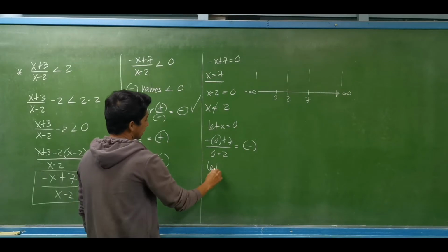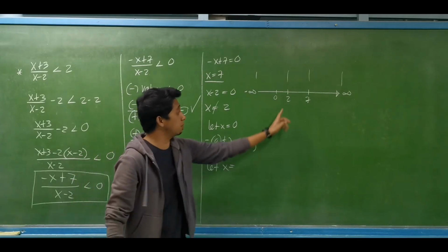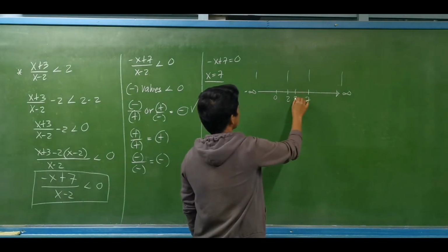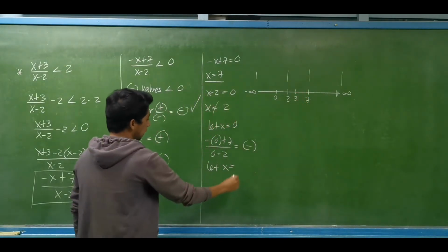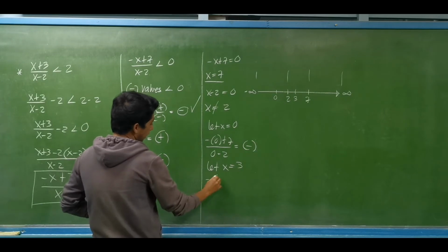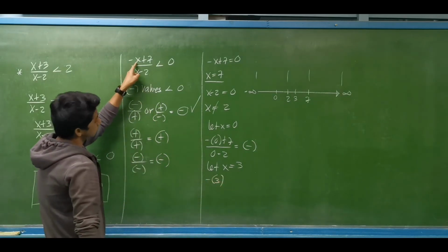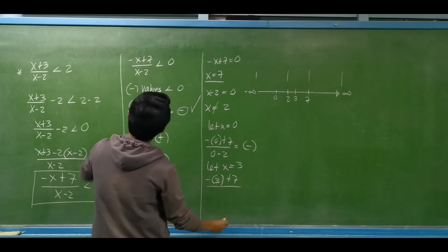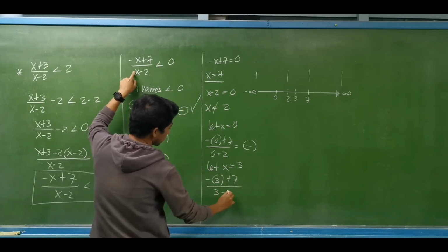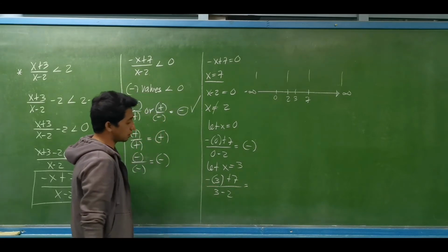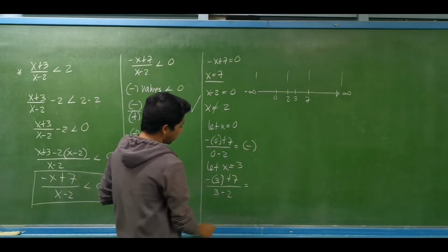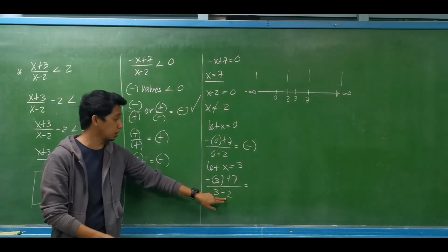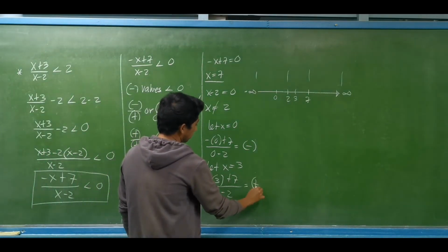For the next interval, let x be any value between 2 and 7, say 3. Then (-3 + 7)/(3 - 2), which is 4 divided by 1, a positive quotient.